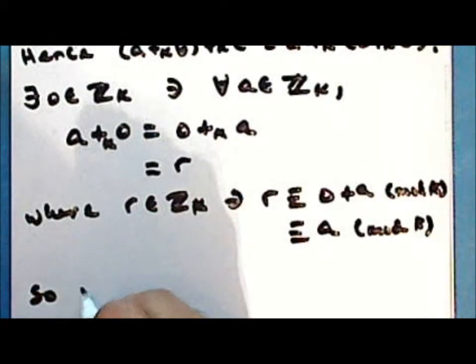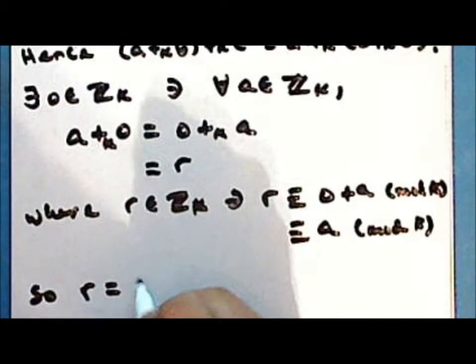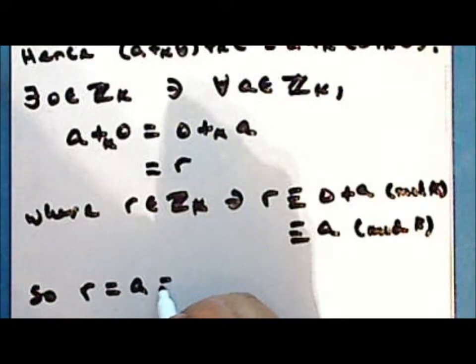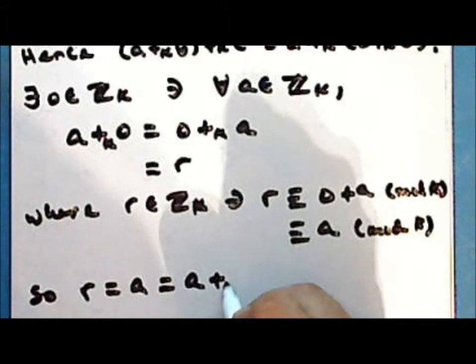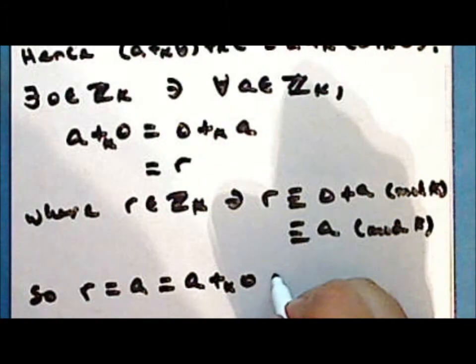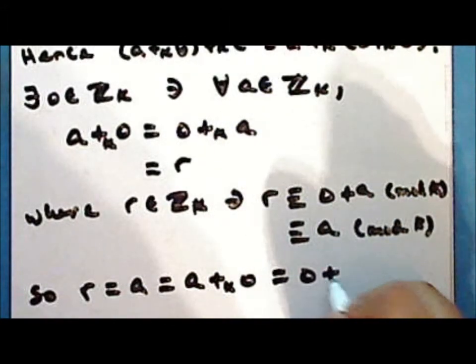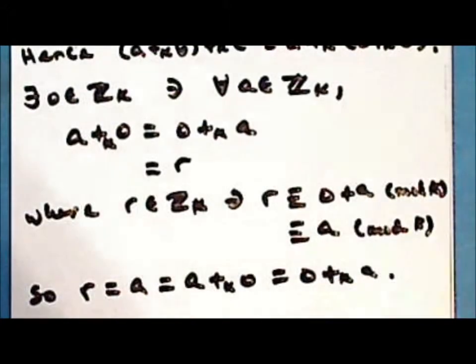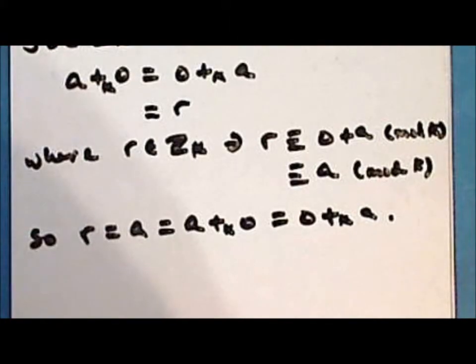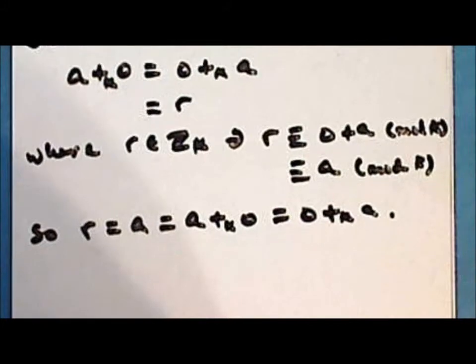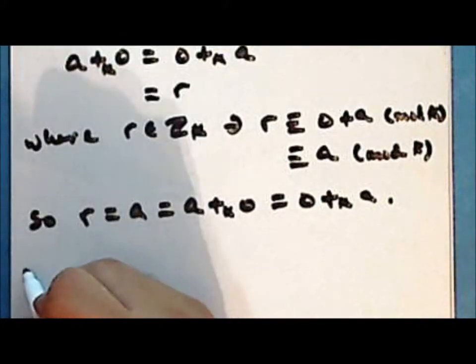Now, as the element a is in the set of integers modulo k, we have that r is the element a, which is a plus 0 modulo k, or 0 plus a modulo k. And so the number 0 is the identity for addition modulo k.